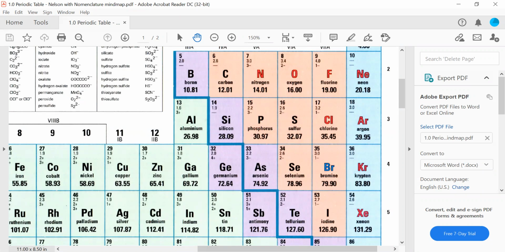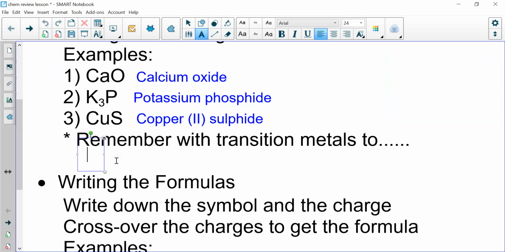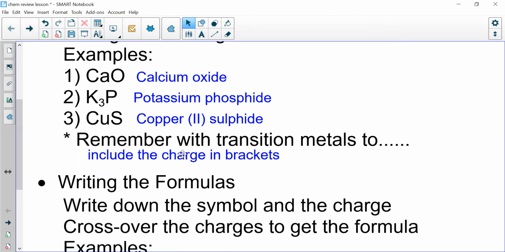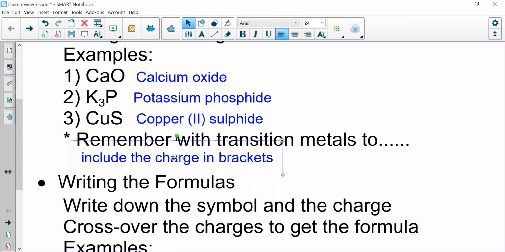That will help you figure out the charge on the metal, if it is a metal with more than one charge, because you have to remember to include the charge in brackets if it's a transition metal. Questions on ionic compounds nomenclature with writing the names when you're given the formula.